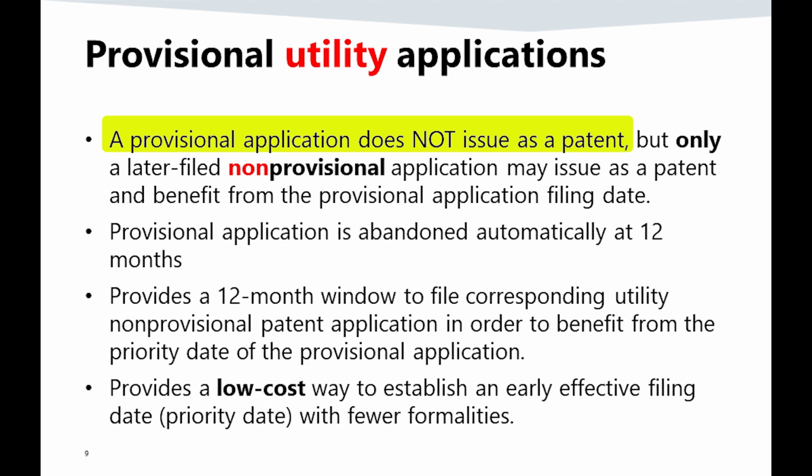And a provisional application does provide a low-cost way with minimal formal requirements to file an application at the USPTO to establish an early effective filing date known as the priority date.